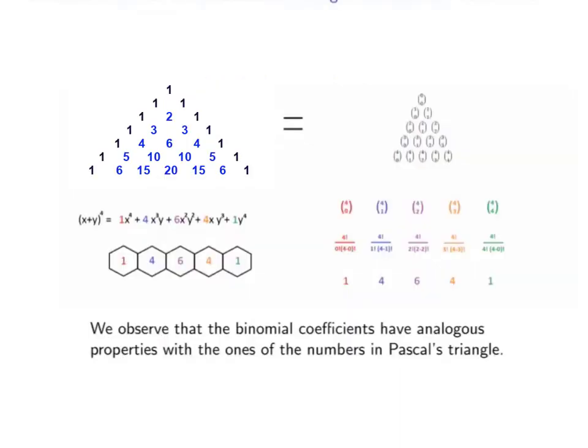We observe that these are also the properties of those numbers in the Pascal's triangle. In other words, the numbers obtained by using the definition for binomial coefficients are indeed the coefficients obtained by expanding x plus y to the power n manually.